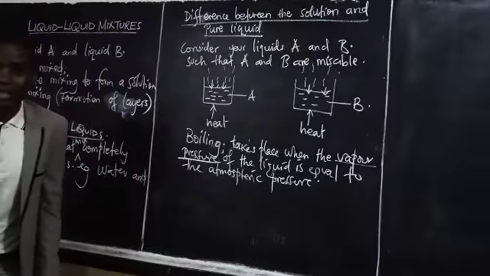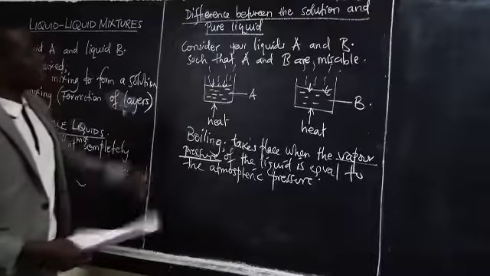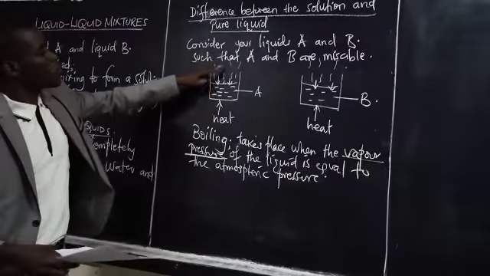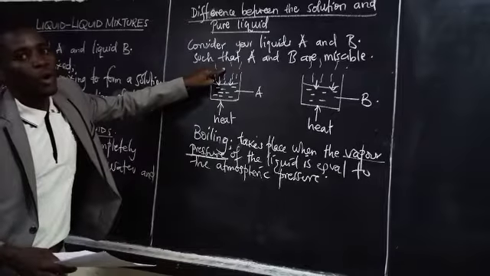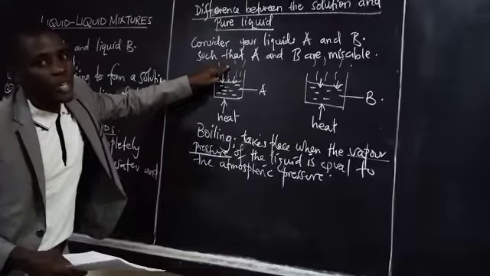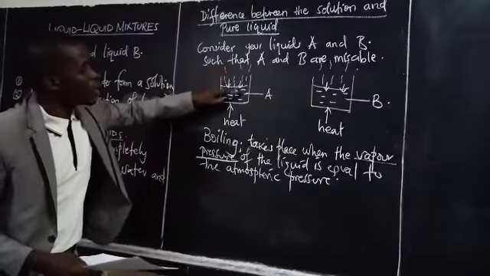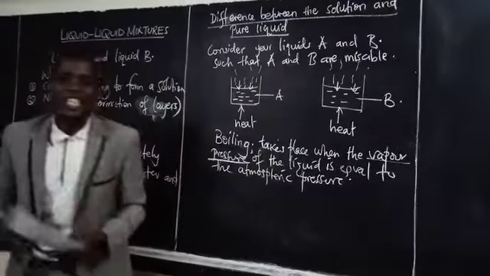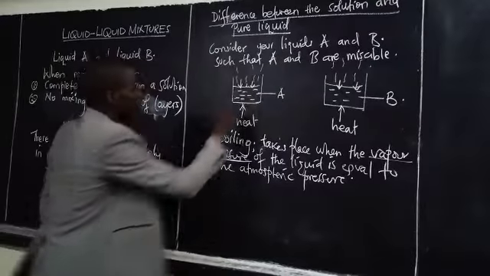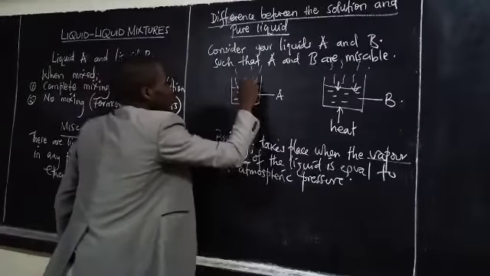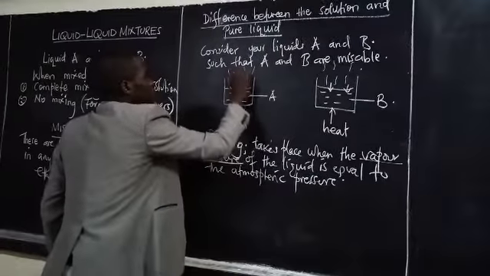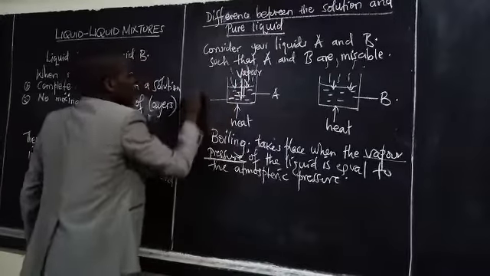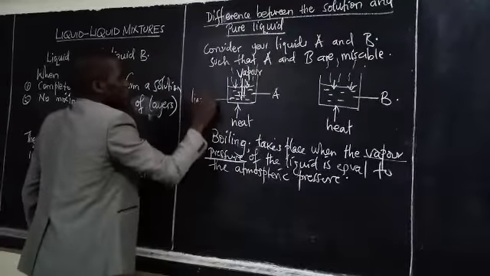It accumulates. A point reaches when the number of molecules escaping from the liquid to vapor is equal to the number of molecules coming from vapor to the liquid. That's when we say that the vapor is in equilibrium with the liquid.